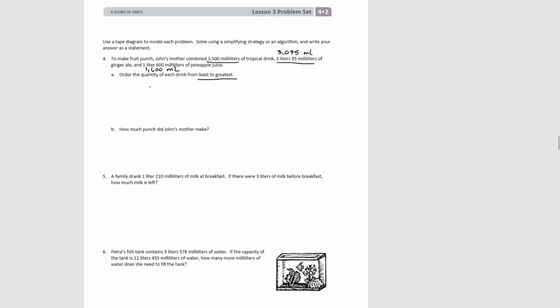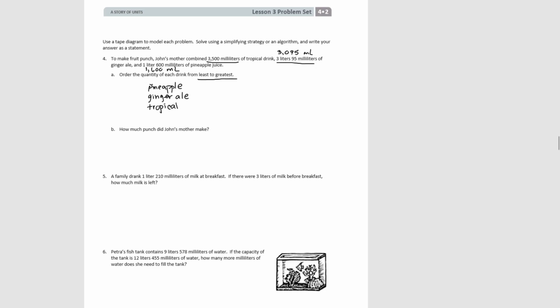So the least amount is the pineapple juice at 1,600 milliliters. The next is ginger ale at 3,095 milliliters. And the largest ingredient is the tropical at 3,500 milliliters.